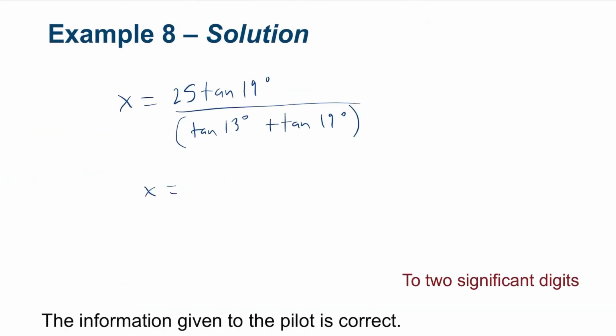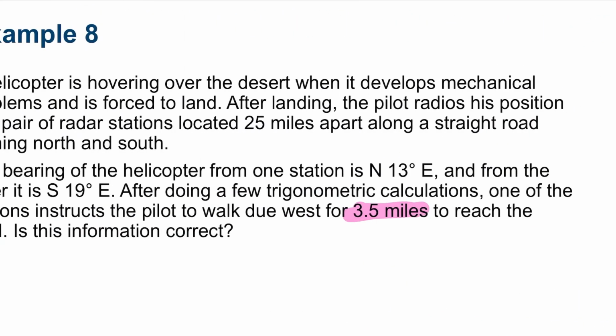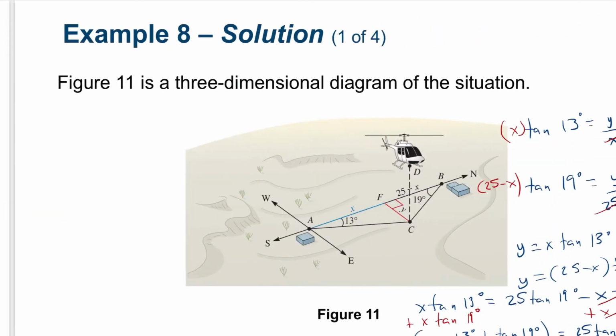So now if we work this out on our calculators, we should get 25 tangent 19 degrees divided by parentheses, tangent of 13 plus tangent of 19, close parentheses. I'm getting 14.96, so I'm going to round that to 15 because they want two significant digits, so that would be 15. And that would be, I believe, in feet is what we're talking about here. Miles. So miles.